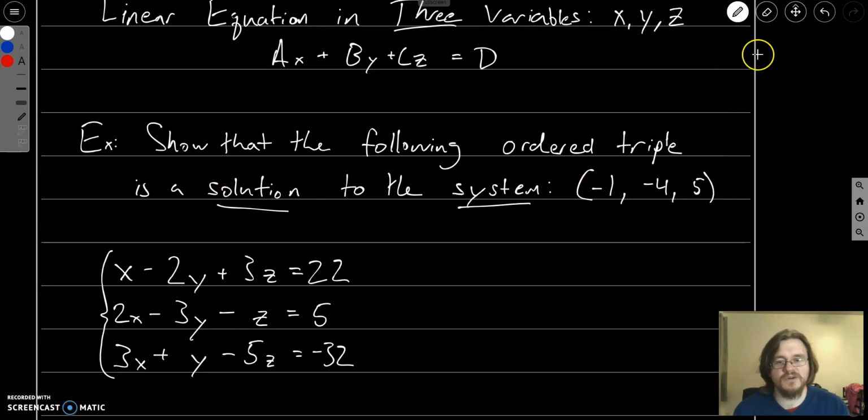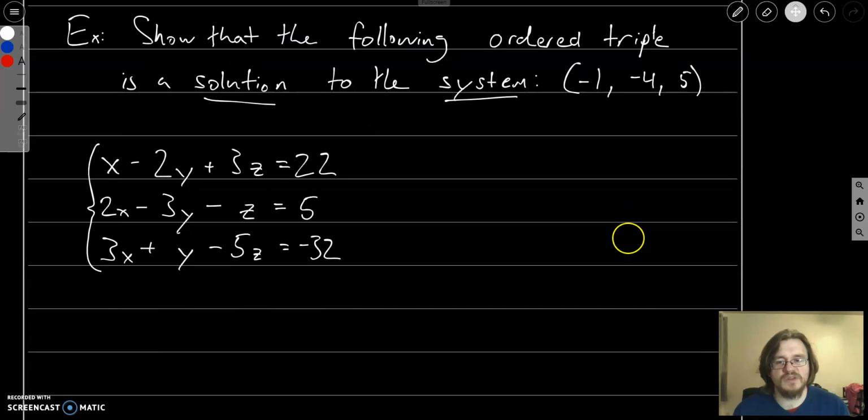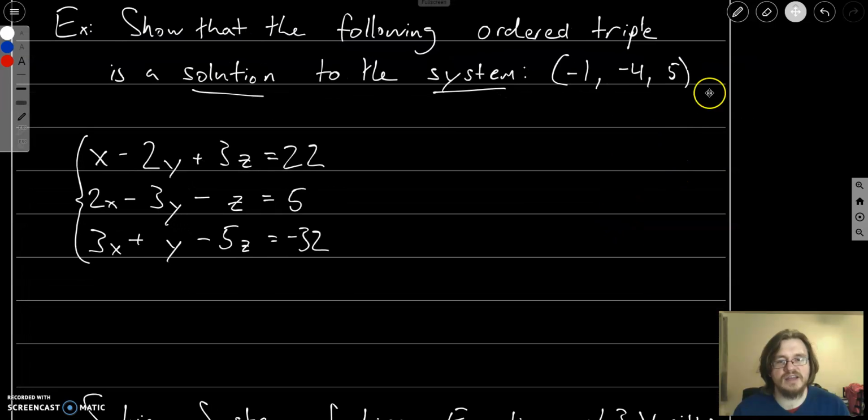Just like for systems with two equations and two variables, a solution is an ordered, in this case triple, because we have three variables, that if we plug them in, they satisfy the equation. And the order of the variables is always going to be x, y, and then z.